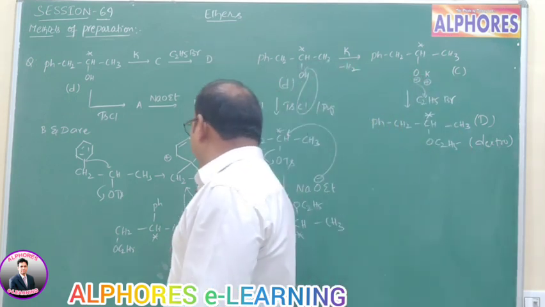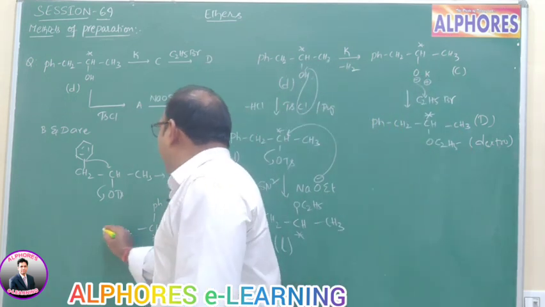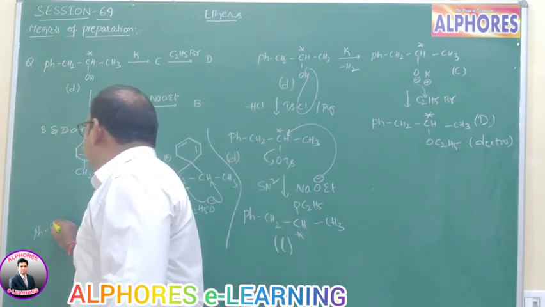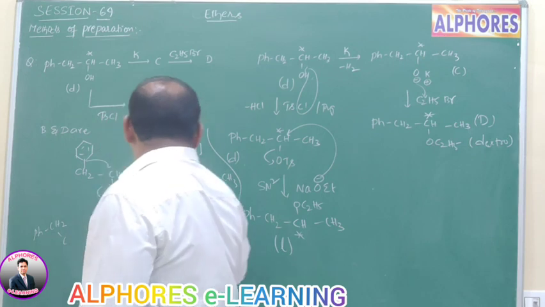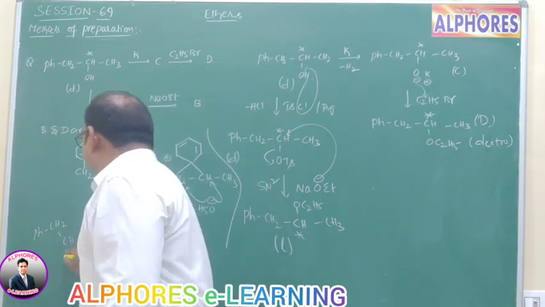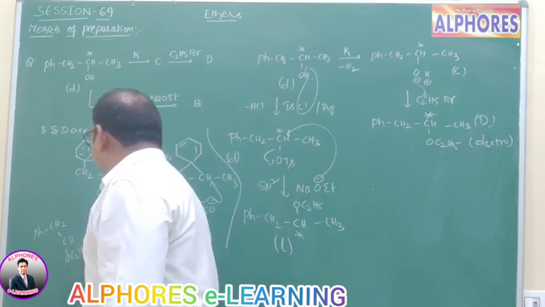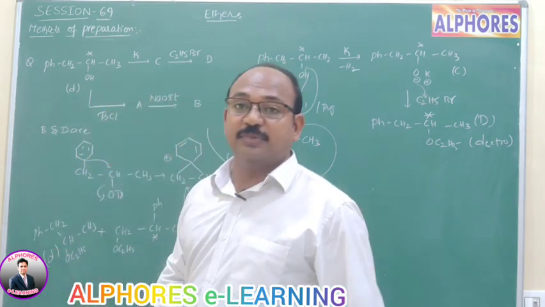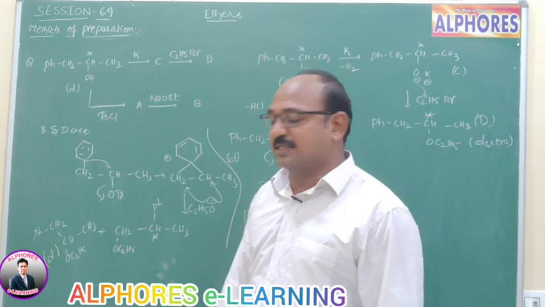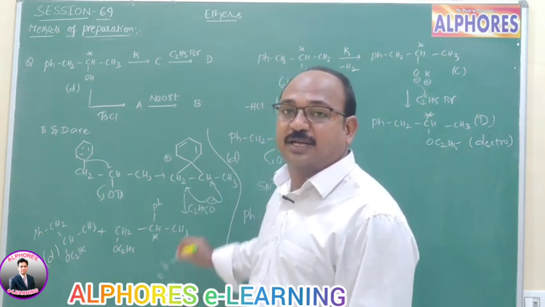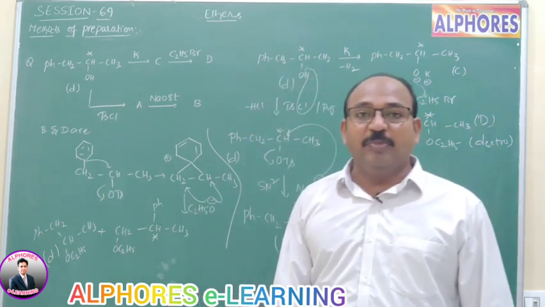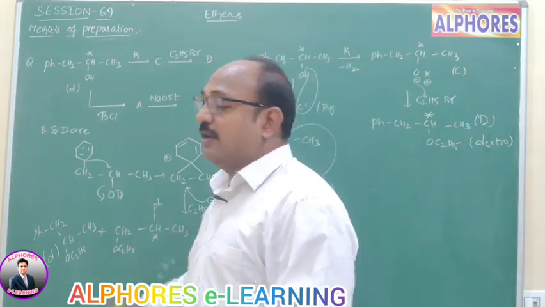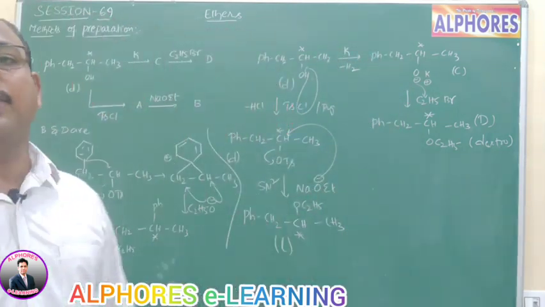And one more possibility: Ph-CH2-CH, with this carbon attached to OC2H5 and CH3, still remains D; it retains its configuration because of anchimeric assistance and neighboring group participation. Because of anchimeric assistance or neighboring group participation, we can say a retention product is formed.